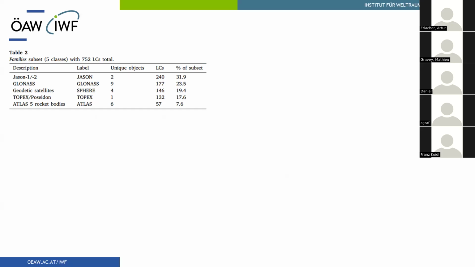And so we arrive at the 5-class task. We don't need to pay any special attention to this table. But what's important for you to see here is that the classes are unbalanced. This means JASON-1 and 2, the JASON class, contributes around 30% of all light curves. Keeping that in mind will be important for interpreting our results.